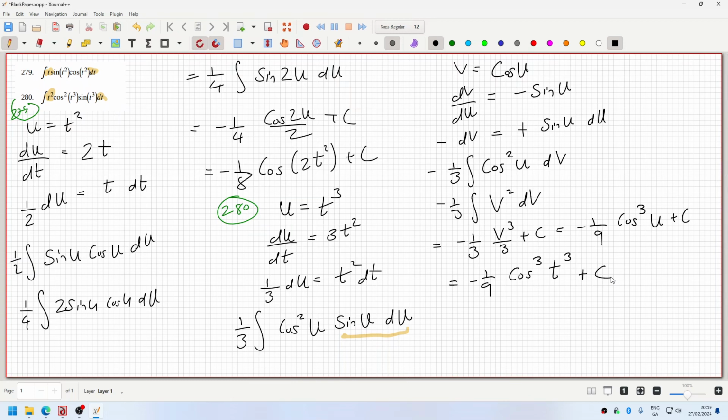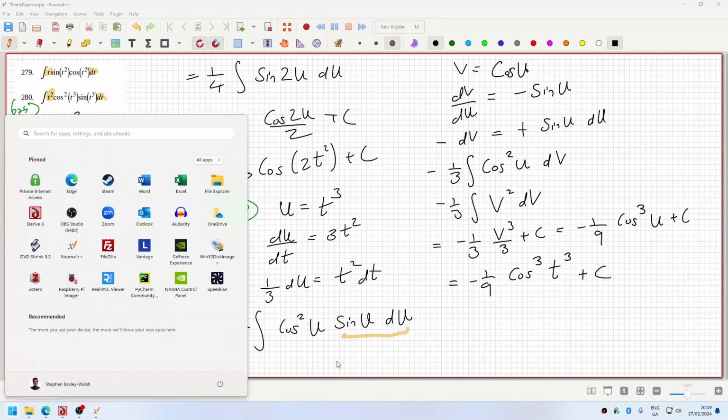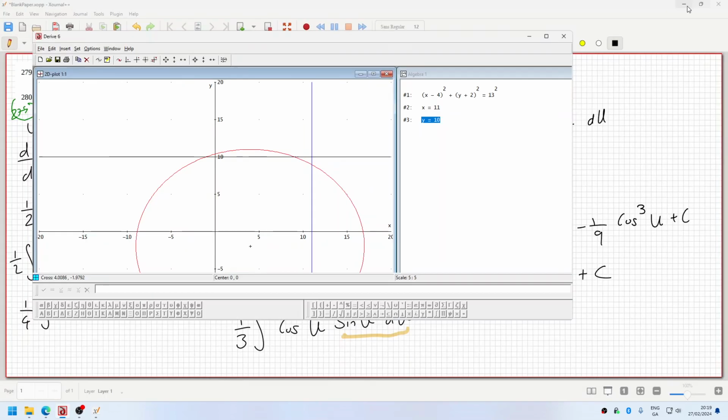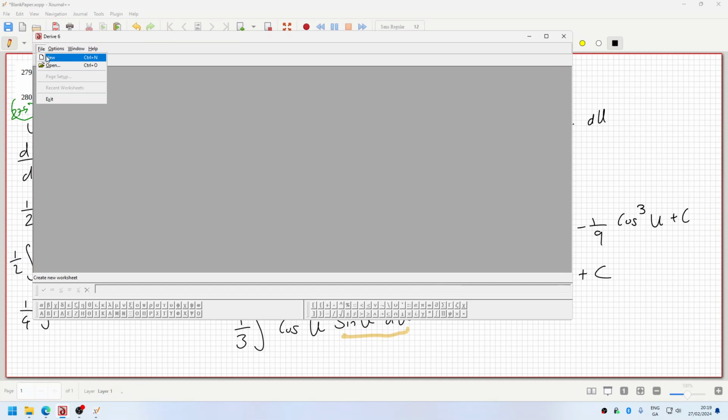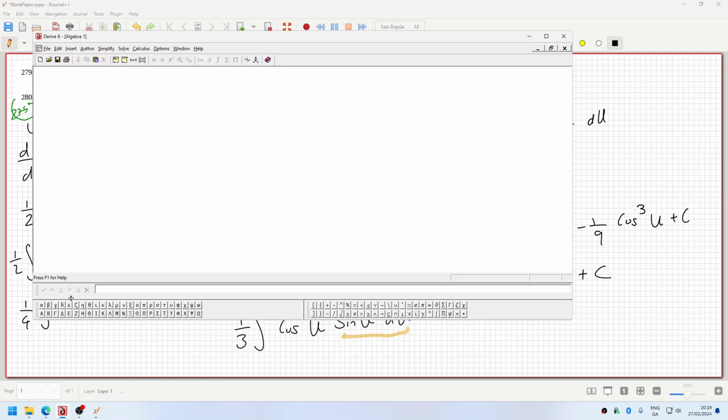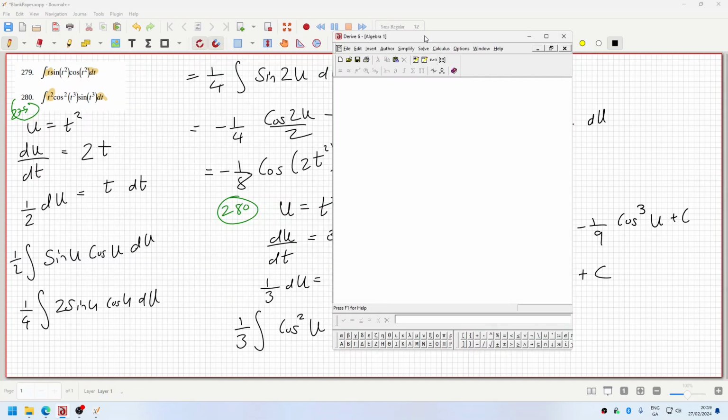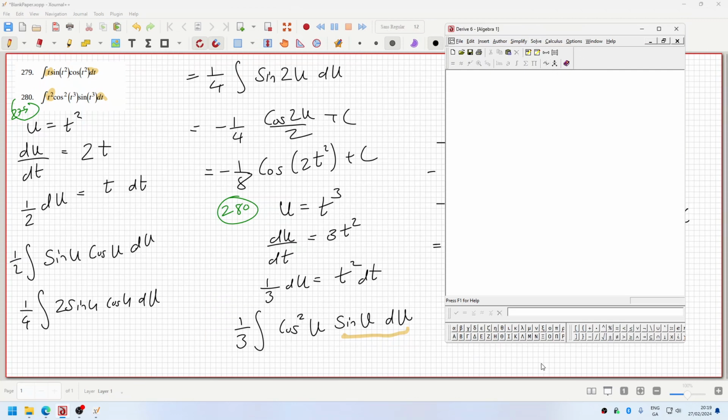Okay, I wonder now, I have my graphing software here, or my algebra software here, so I could check the answer. So let's have a peek, because it's an even question, so the answer is not going to be at the back. T squared cos squared t cubed sine t cubed.